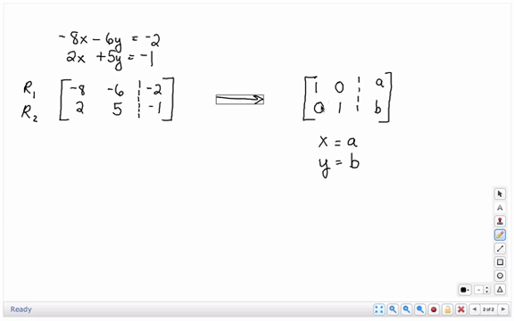So when it is in this form, 1, 0, that means x equals a. And then here for the 0, 1, this is y. 1y equals b. So what we've done is manipulate your matrix so that you can solve this for x and y. Okay.